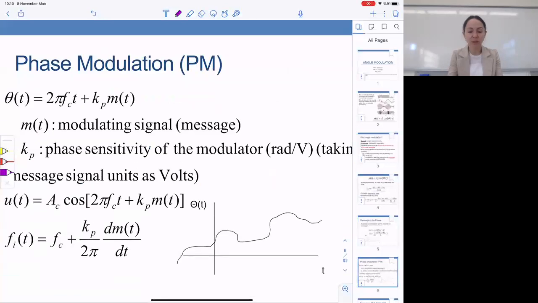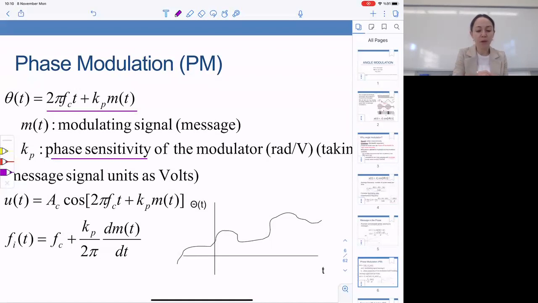Okay, now let's see the first kind of angle modulation that we're going to study, phase modulation. In phase modulation, we put the message signal into the phase in this form. So we take the message, multiply it by a coefficient kp, that is called phase sensitivity in this case.